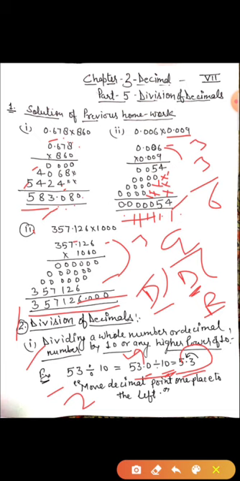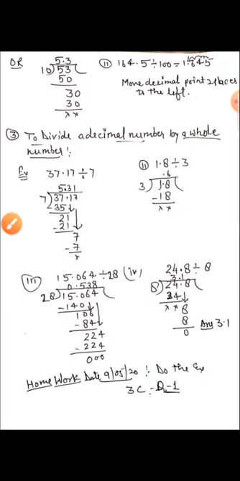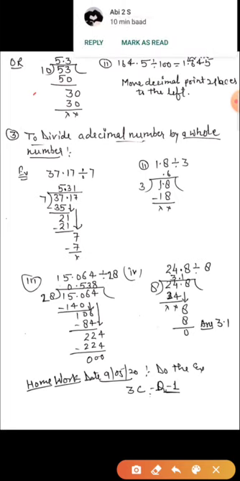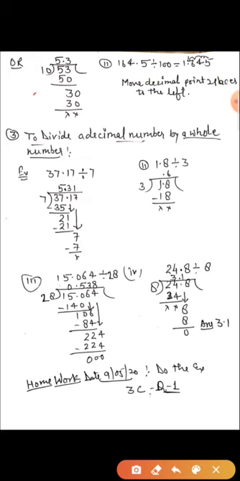Then the answer will be 5.3. Or you can solve it as 53 divided by 10. You know the table of 10 easily. So 10 fives are 50. 10 fives are 50, 53 minus 50, then after the subtraction we get 3. But look here, this is decimal division, and one property of decimals is very important. Which one?